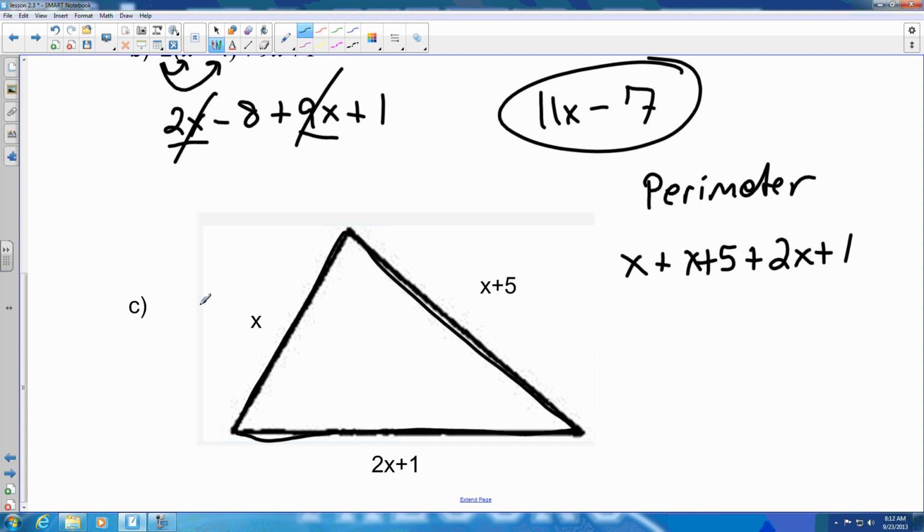So from here, I have x, x, and 2x as like terms. So this is 1 and 1, so 1 plus 1 plus 2 will give me a 4x to combine those like terms. And then it's going to be plus 5 plus 1, which will give me 6.